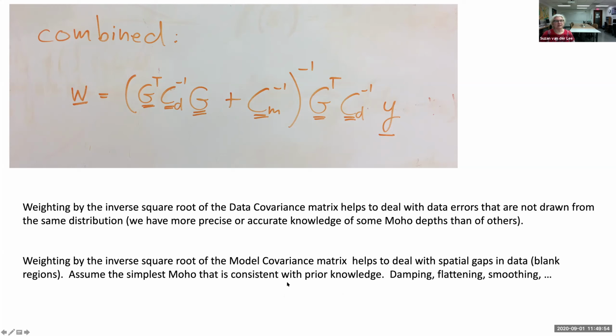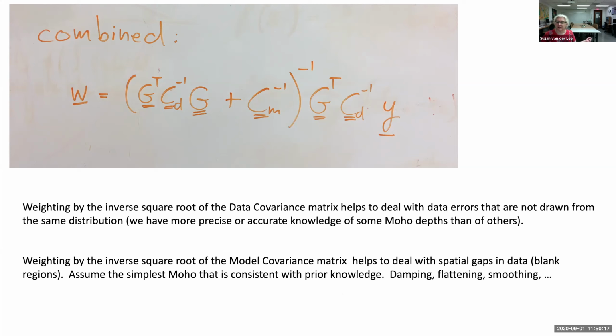In that case, in the way we're implementing it using a diagonal covariance matrix for the model, basically we are assuming the simplest MOHO that is consistent with prior knowledge. And for the purposes of this exercise, our prior knowledge says the MOHO under a continent should be 40 kilometers.